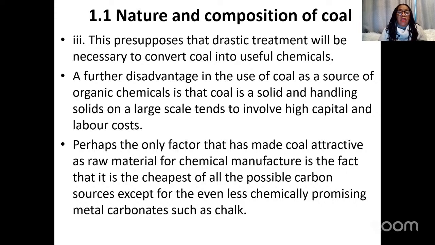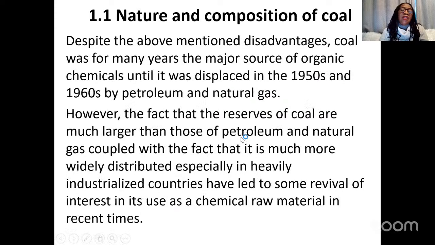So the only main factor that has made coal attractive as raw material for chemical manufacture is the fact that it is cheap. It's the cheapest of all carbon sources except for metal carbonates like chalk, which is not useful in the organic industry.